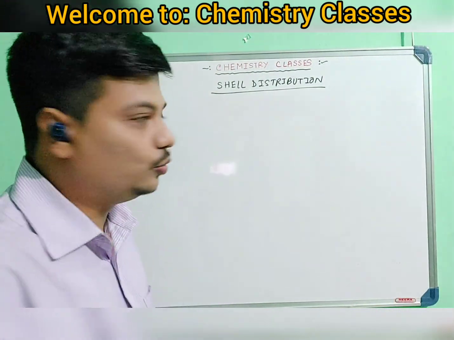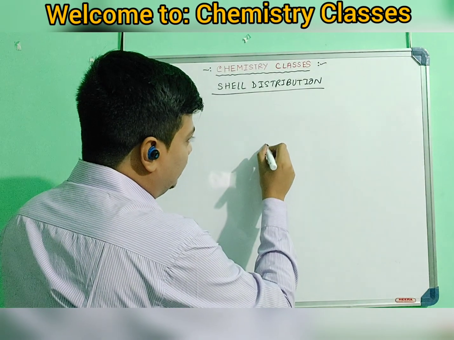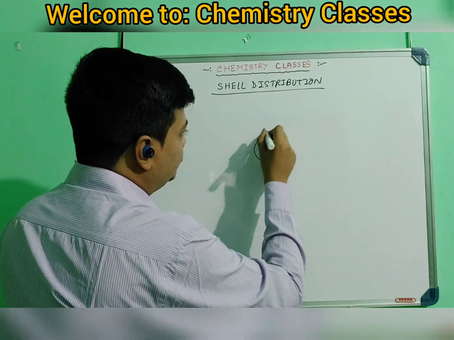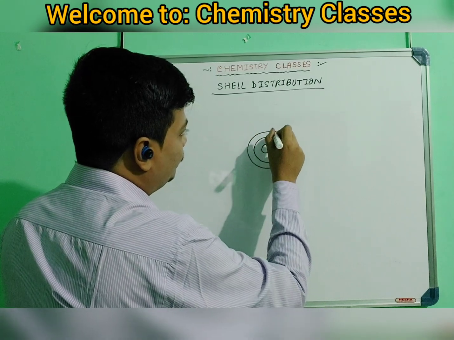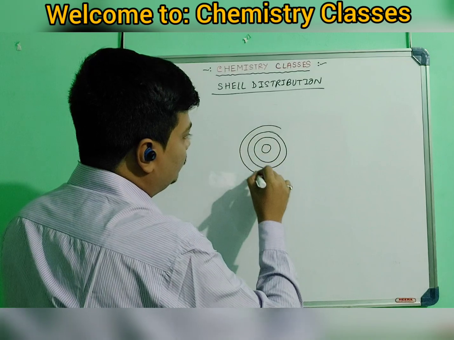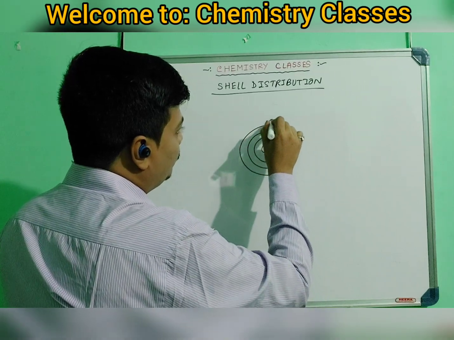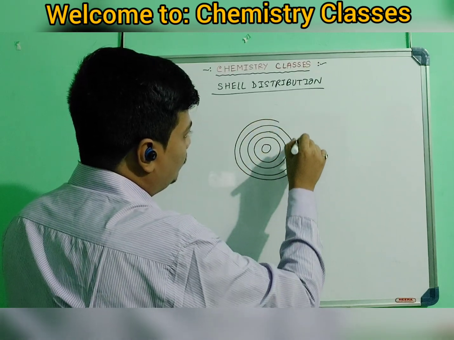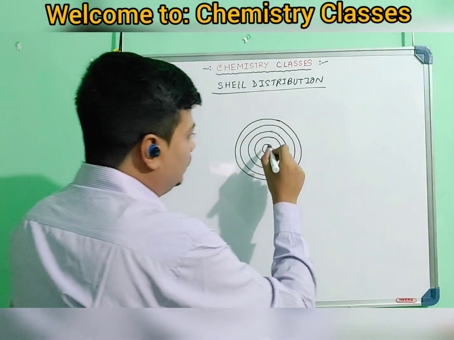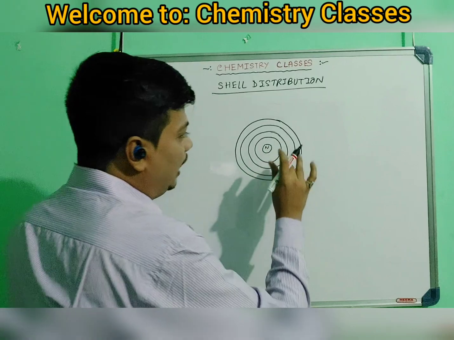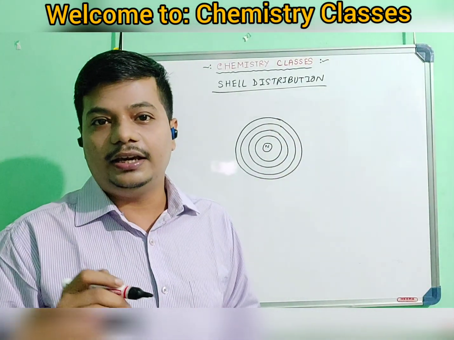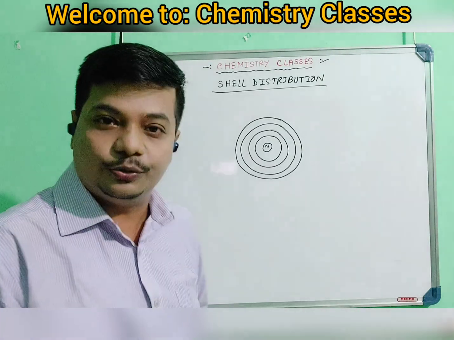As I have already told you, this is my atom. This is my nucleus, and these are the orbits on which the electrons basically rotate around the nucleus.